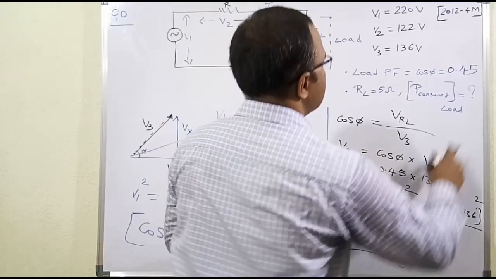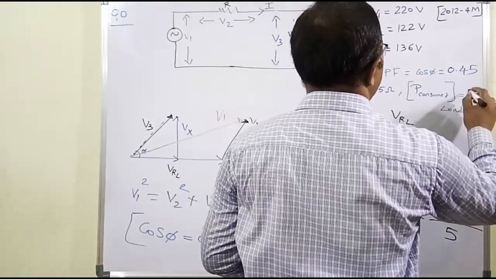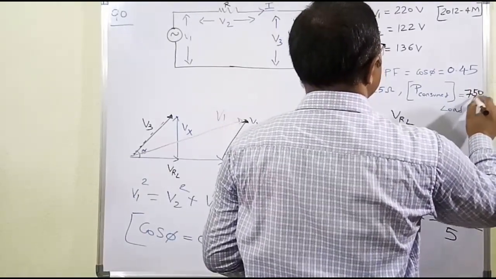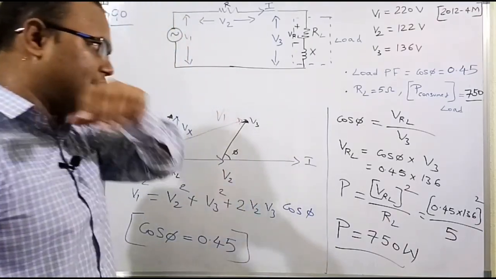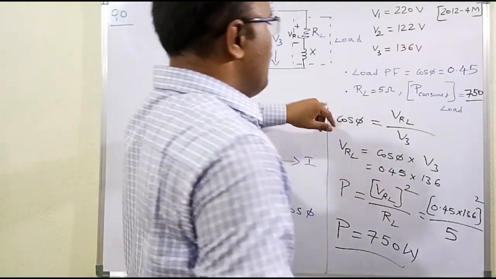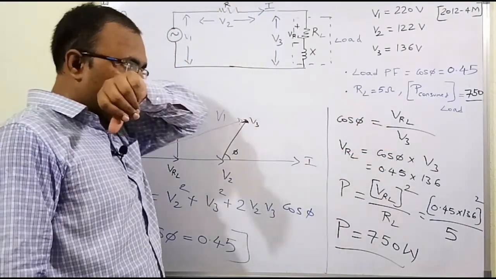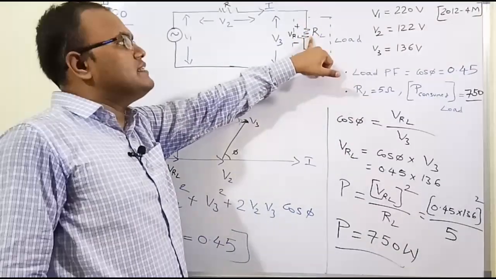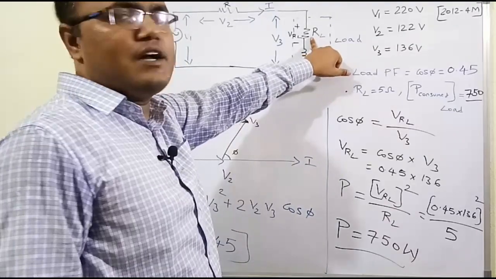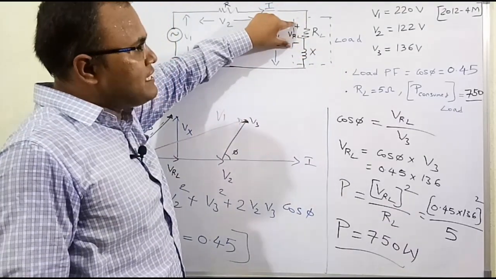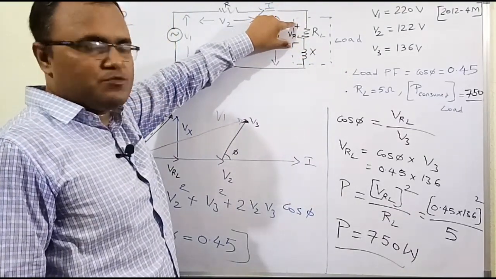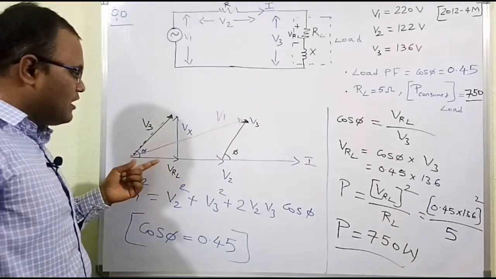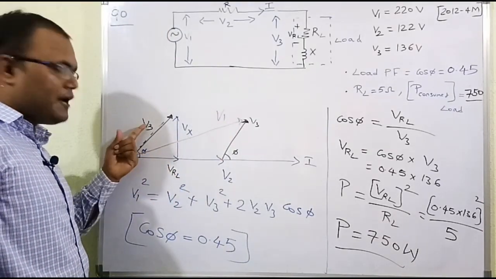So we have calculated two parameters in this numerical. I will repeat part B again, if you did not understand. What I am trying to say is, for the power consumed by the load, the reactance part doesn't consume any active power, so only the resistance part will consume the power. I find the voltage across the resistance part, VRL, by cos phi, adjacent by hypotenuse.